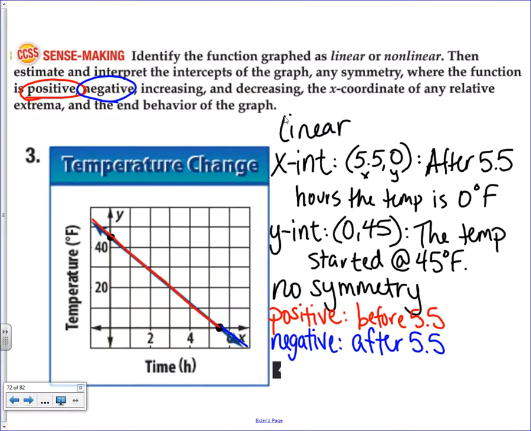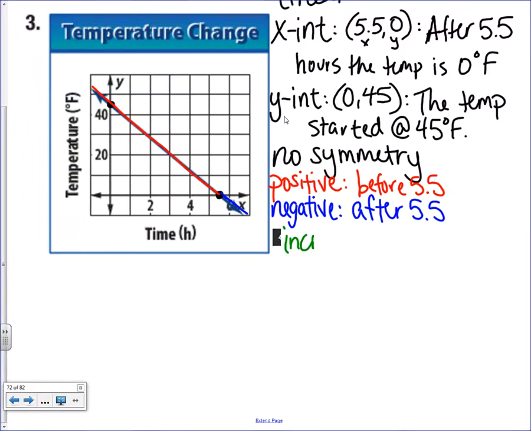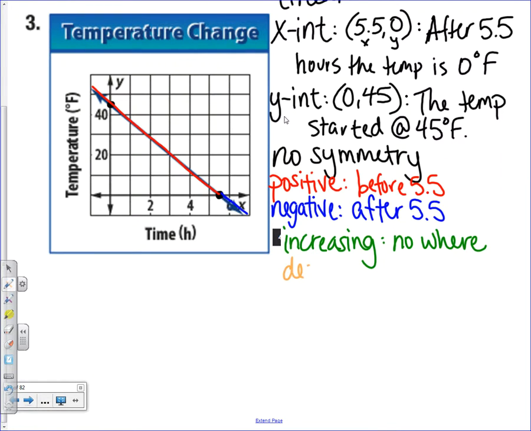All right, what's next? And we're using green for increasing. Going up. None. This thing is not going up at all, is it? As I read it from left to right, it is not going up. So what does that mean? The decreasing is everywhere.